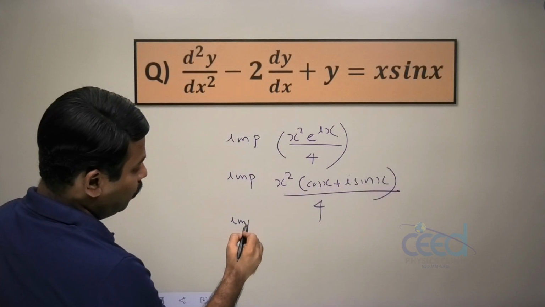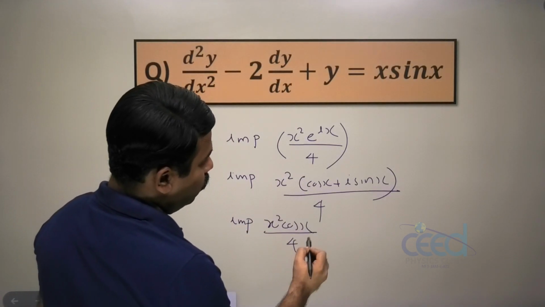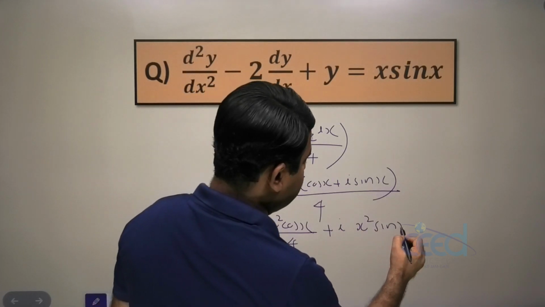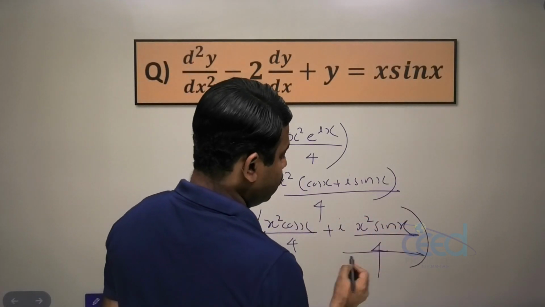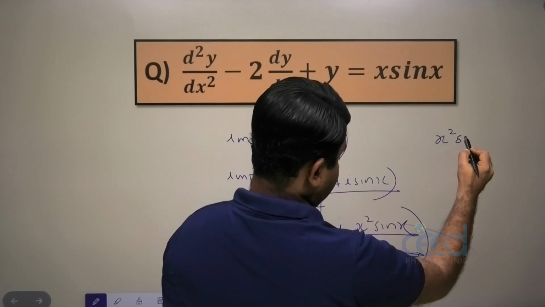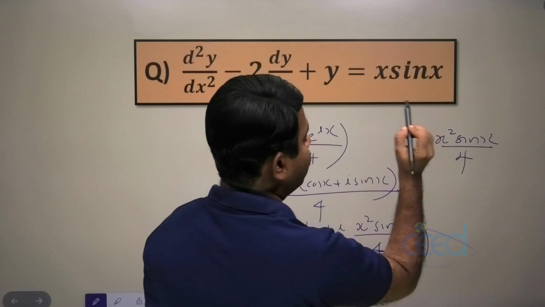That is x square cos x divided by 4 plus i into x square sin x divided by 4. The imaginary part means this part only, that is x square sin x divided by 4. This is the particular integral. Am I right?